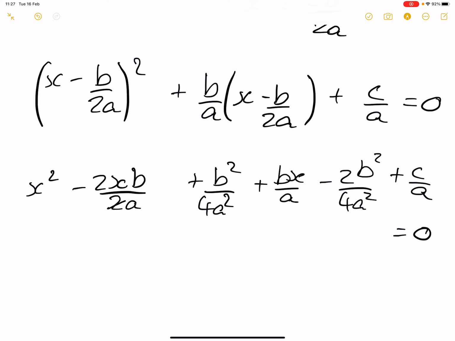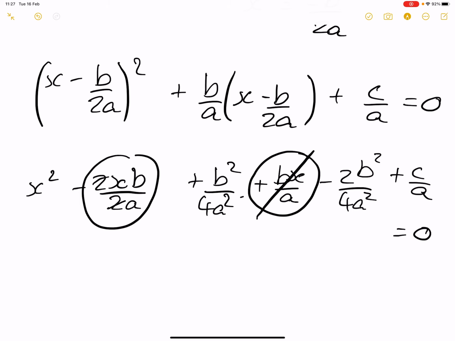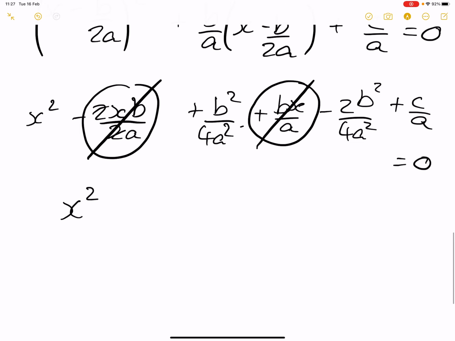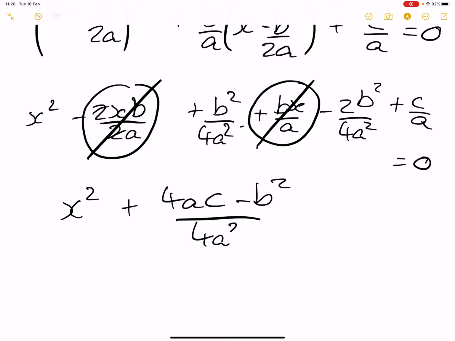Now, we can cancel these 2's, and then we have a bx here and a bx here with opposite signs, so we can just get rid of those two things. And what this leaves us with is x squared plus 4ac minus b squared over 4a squared is equal to 0.